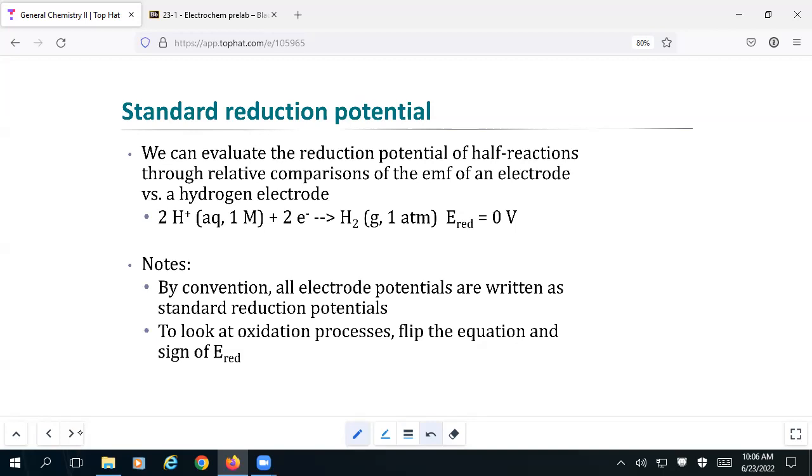Well, we have to be careful about the selection here, right? We don't want to pick a metal that is going to be reactive with acid. We don't want to pick a metal that is going to have potential issues in terms of reacting with hydrogen or anything else. We've got to choose something that is inert. And the most common choice for that is platinum.